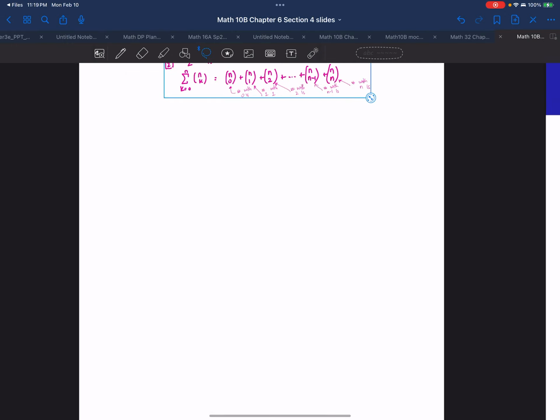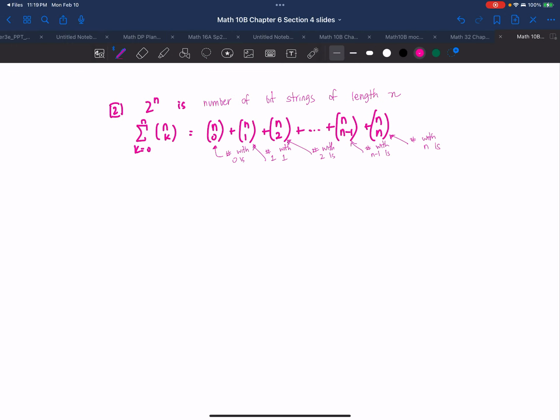I'm going to look at an example where my n is not too large. Say n equals 4. Okay, say n equals 3, because 4 is going to be longer than what I want to do. Now, 2 to the n is the number of bit strings of length 3.